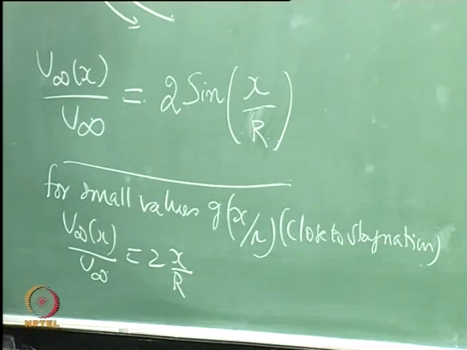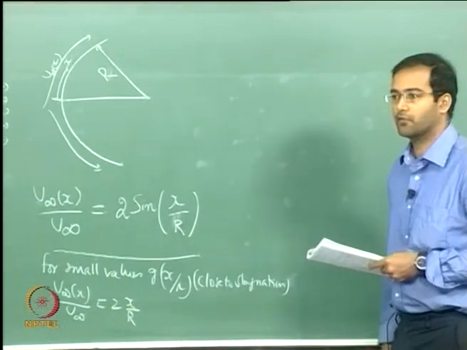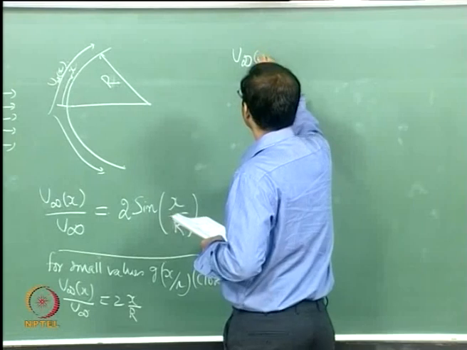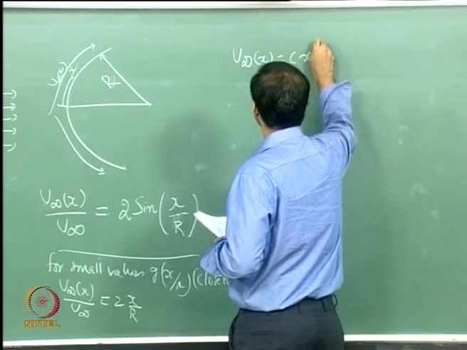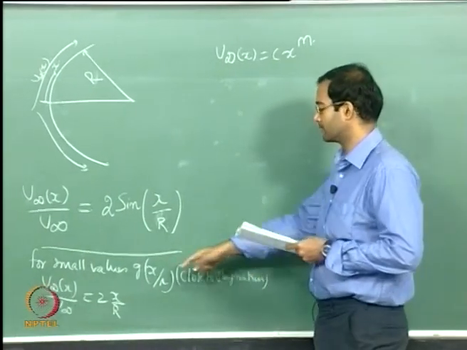Therefore if you compare this with your Falkner-Skan form of velocity profile, which is something like u infinity of x is c x power m, what can you deduce?